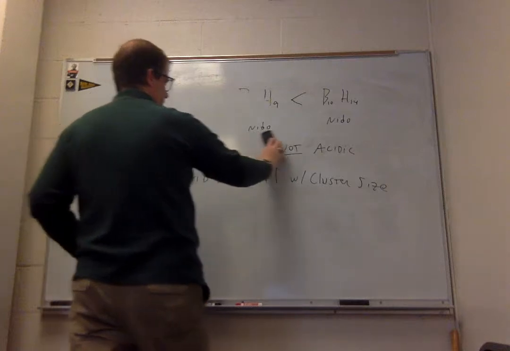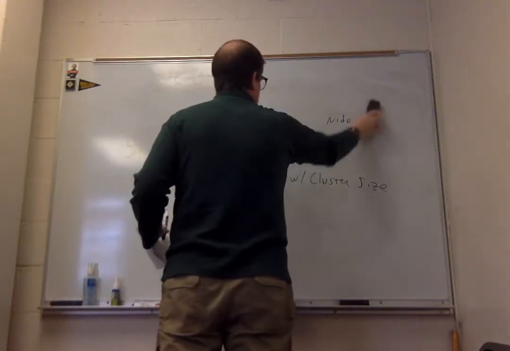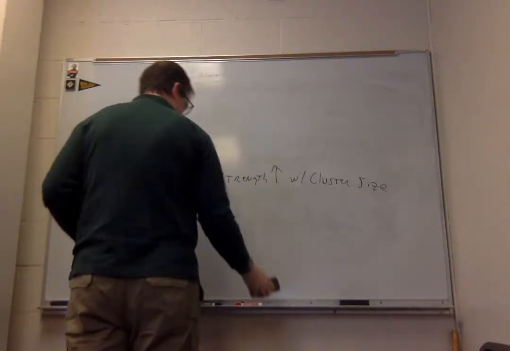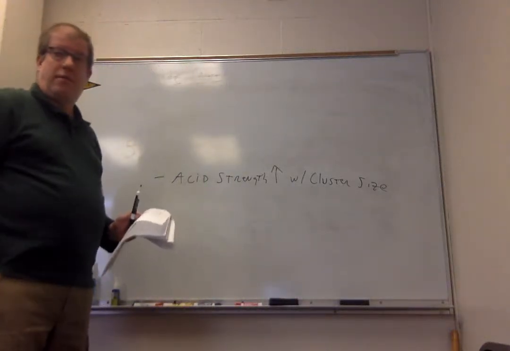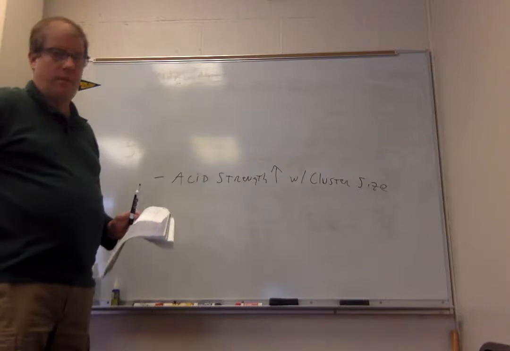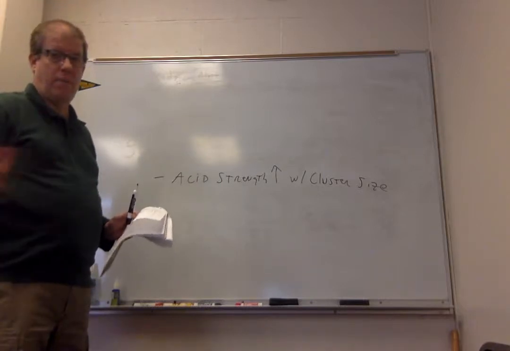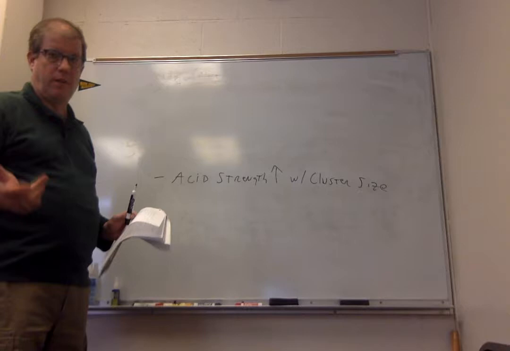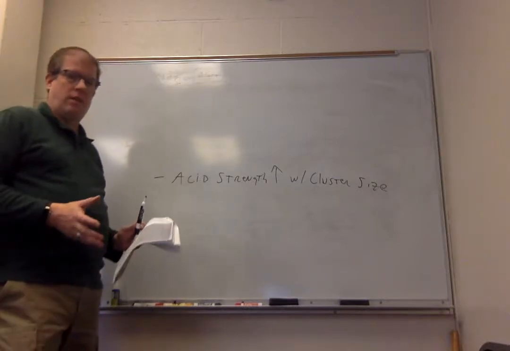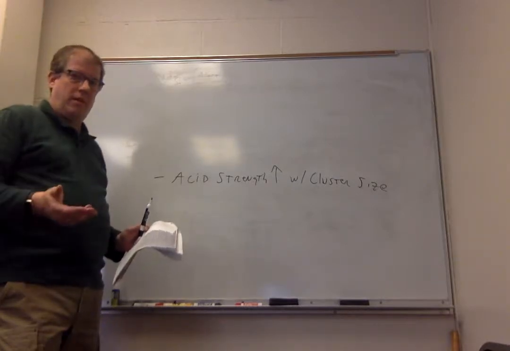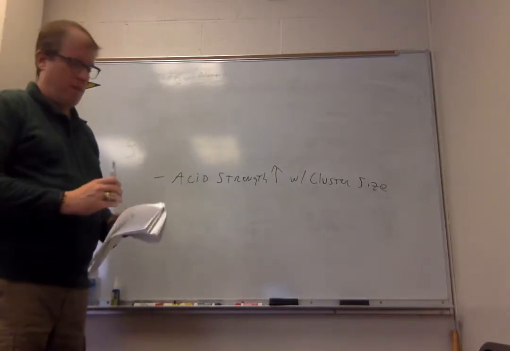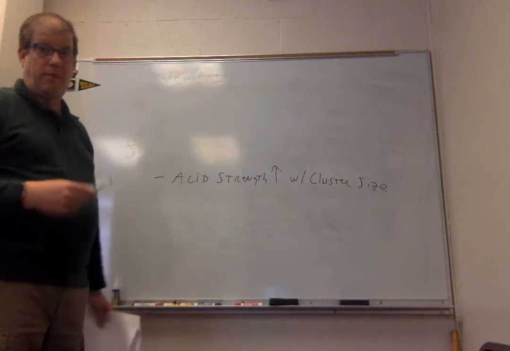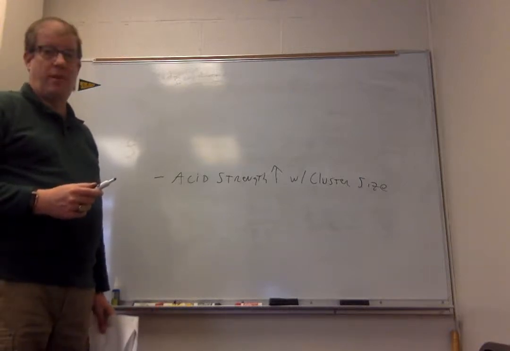Why is that? Well, it all has to do, of course, with thermodynamics, right? If a reaction is going to happen, it's going to happen based on delta G, more specifically on delta H. If it's thermodynamically downhill, it goes. If it's thermodynamically uphill, it does not go. But what influences that? The stability of things generated influences that.